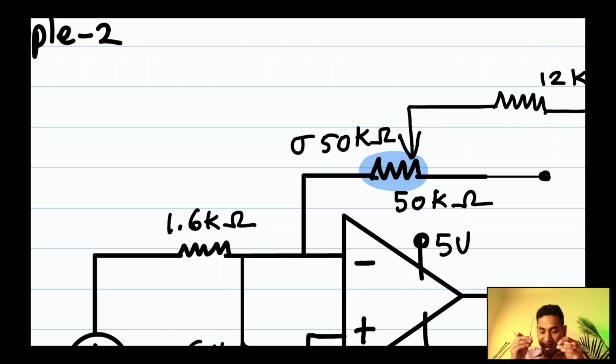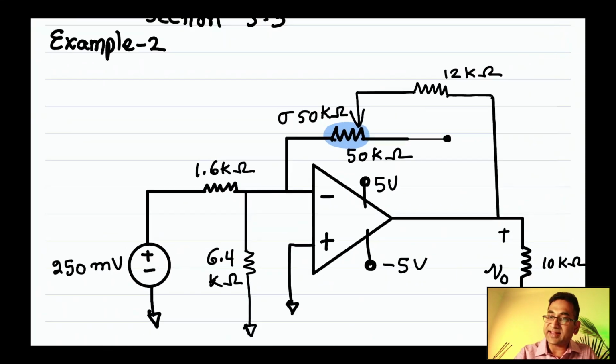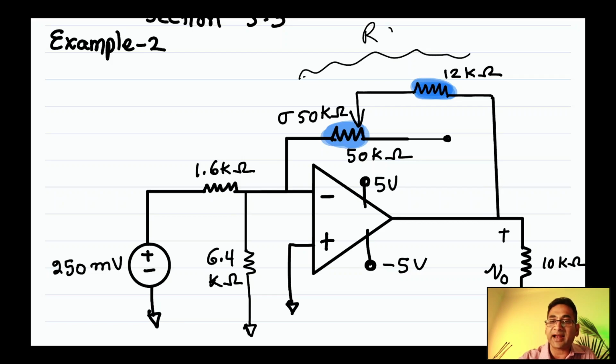Some sigma times 50 is in series with 12 kilo ohms. So the variable resistance here in series with this 12 kilo ohms, all of that is RF. So sigma 50 kilo ohms plus 12 kilo ohms, that's the feedback resistance.